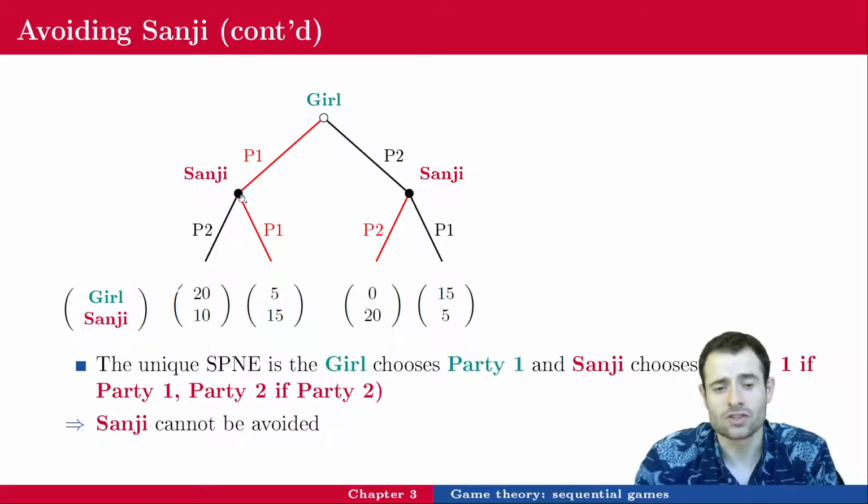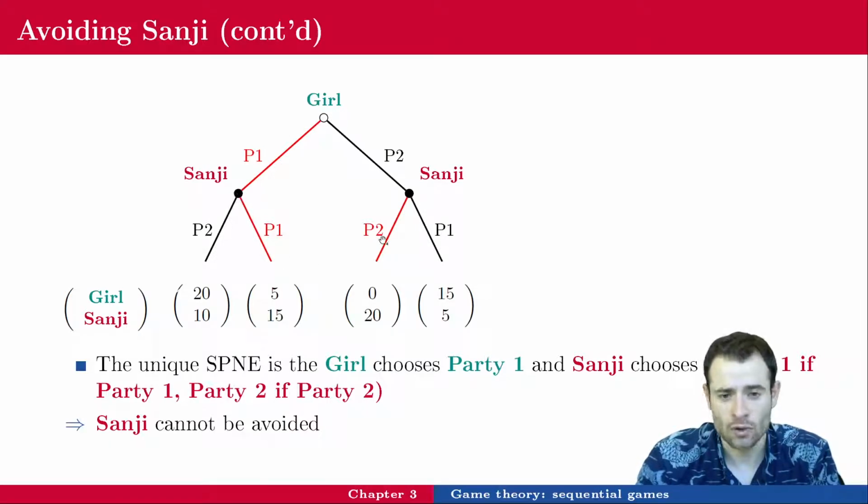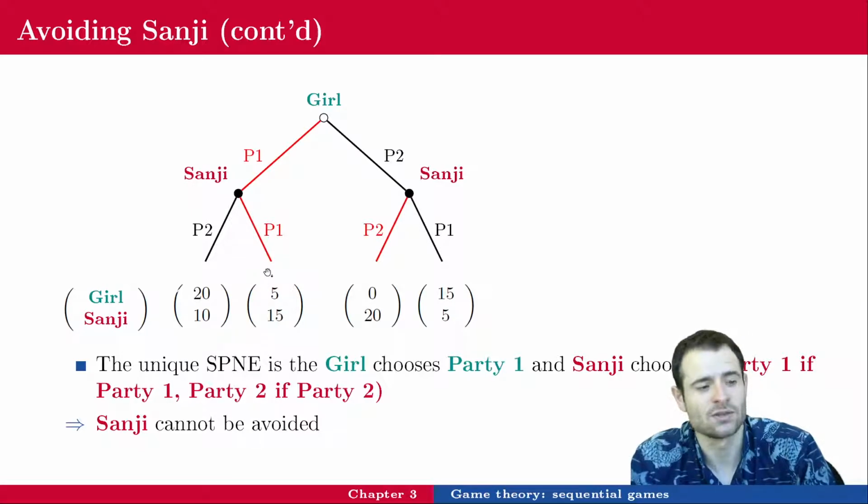Remember, she plays first. Sanji is going to follow her. But here, between the 2 parties, she's going to meet Sanji at both, but one of them gives her a higher payoff. So she goes to P1. P1 is the best response in this case. It's not great, but it's the best response.